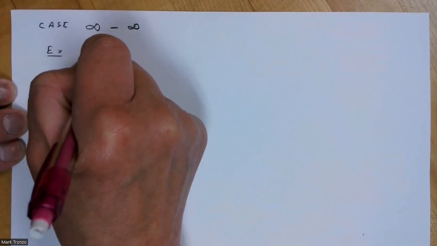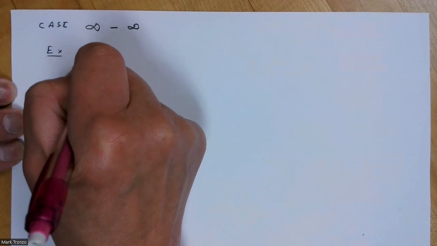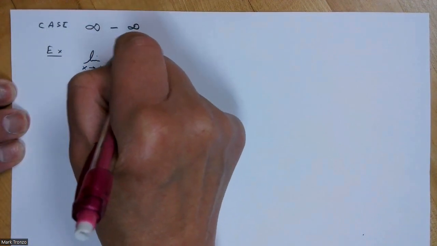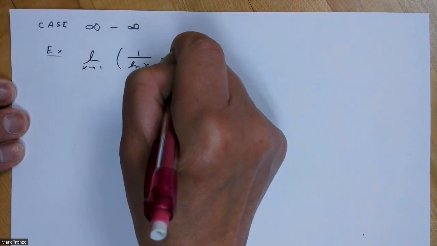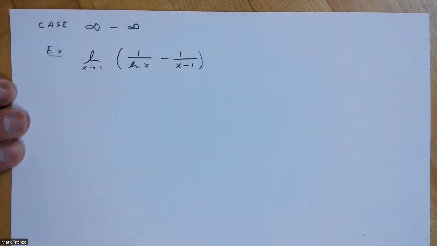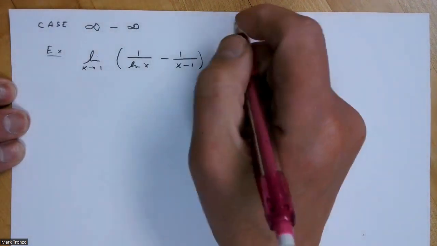And so let's consider the limit as x approaches 1 of 1 over log x minus 1 over x minus 1, like this. And so notice what we're going to have here.